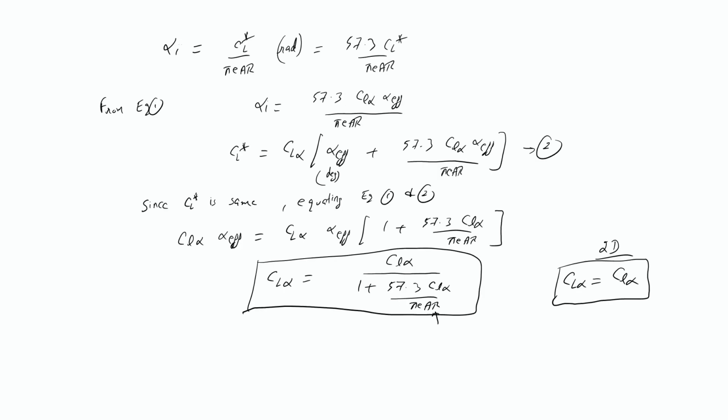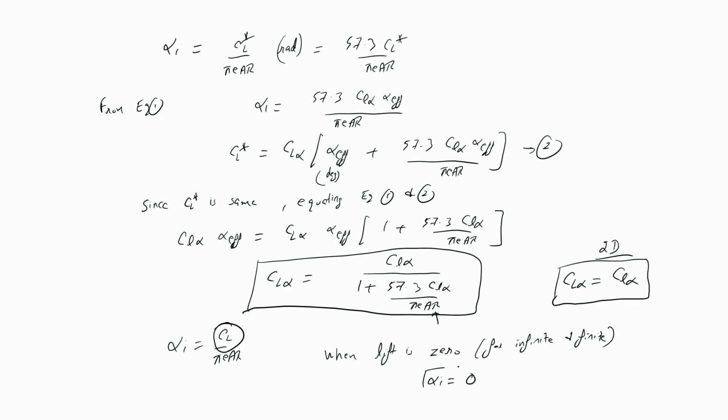Now let us look at what happens to the curve for a cambered airfoil. Okay. So when lift is 0, we know alpha i is equal to CL by pi E AR. So now when lift is 0, for both infinite and finite wing, alpha i equals 0.